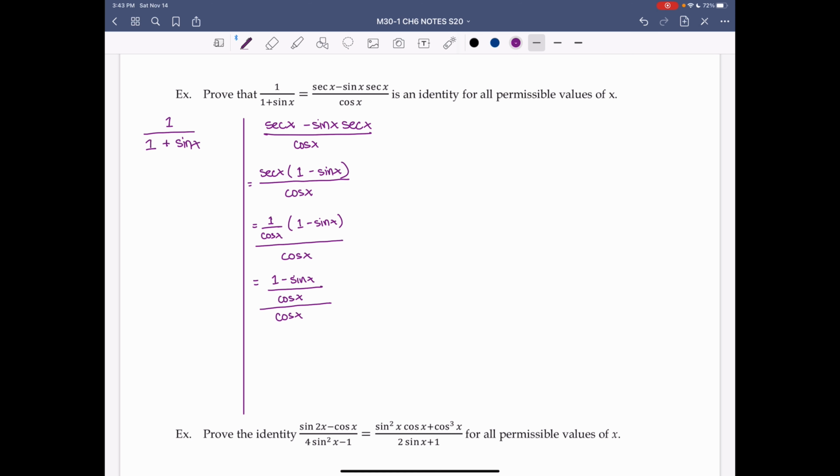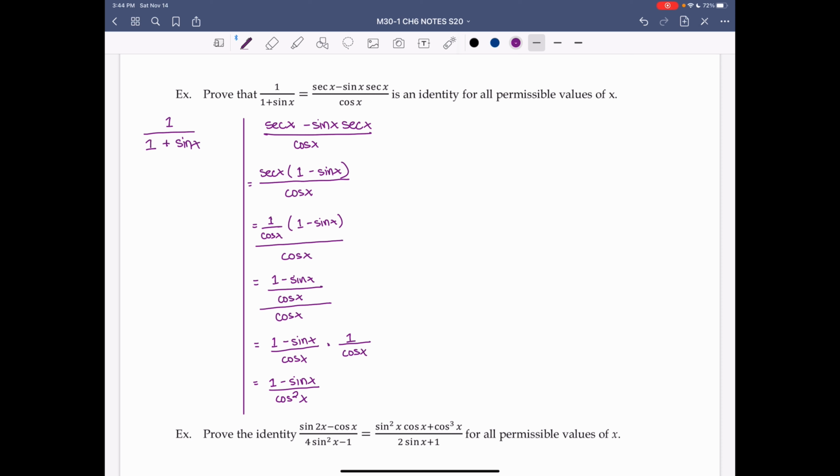Then I can multiply by the reciprocal since I'm dividing fractions, so 1 minus sine x over cos x times the reciprocal of cos x, which is 1 over cos x, which gives us 1 minus sine x over cos squared x.